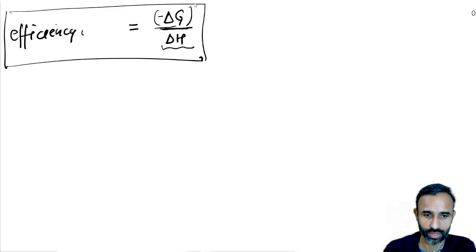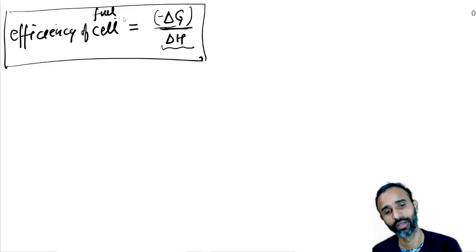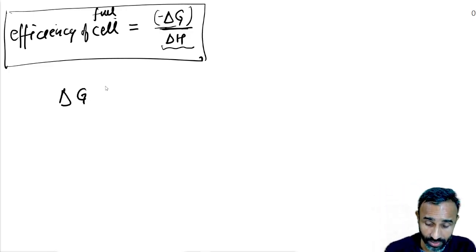So we can calculate the efficiency of a cell, like in a fuel cell we can use this formula, delta G by delta H.